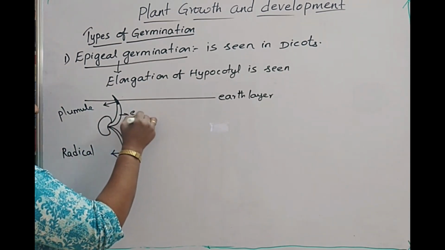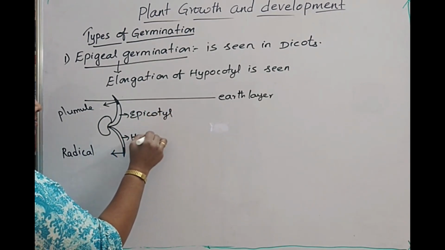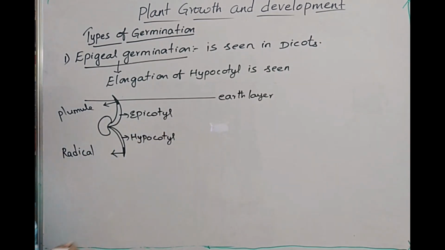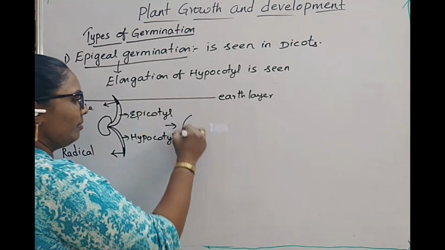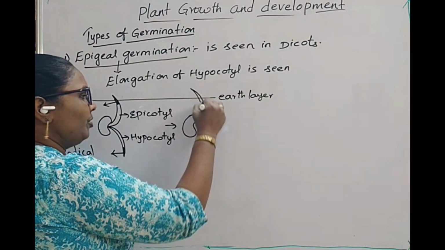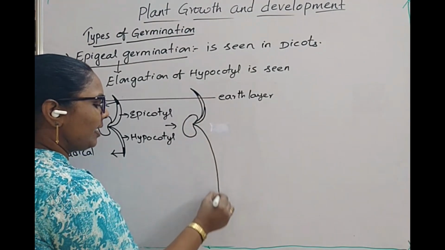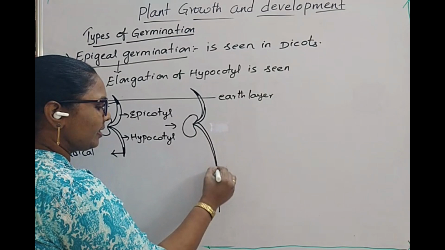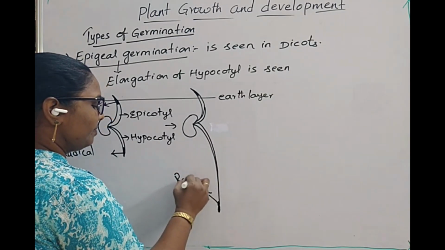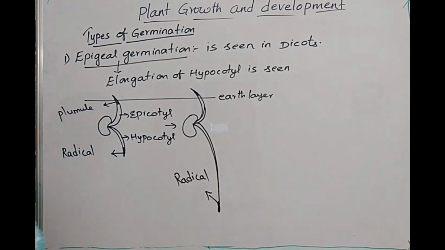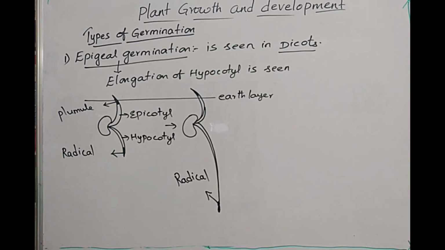This part is called epicotyl and this is called hypocotyl. In dicots, the plumule along with the epicotyl will be of the same length, but the hypocotyl will increase its length and the radicle will be somewhere here. So, epigeal type of germination is seen in case of dicots.